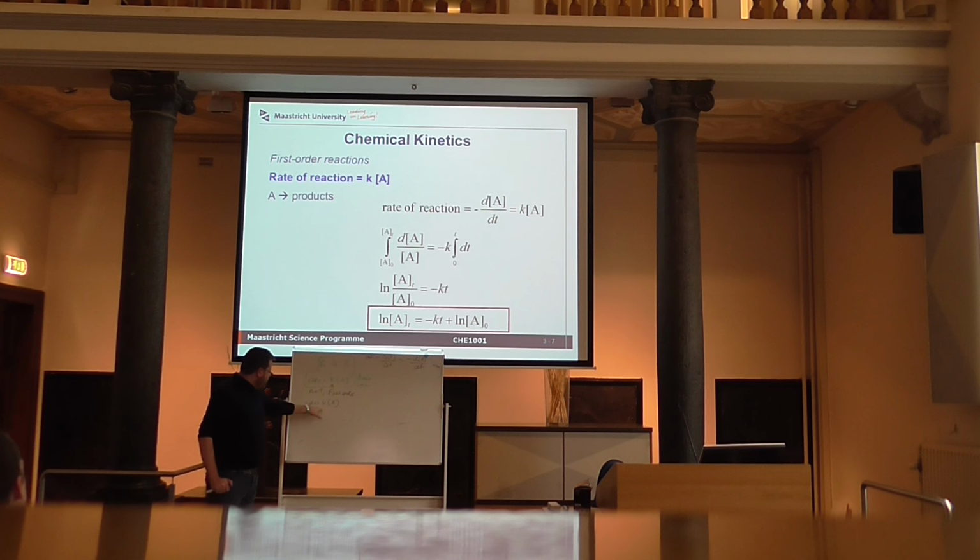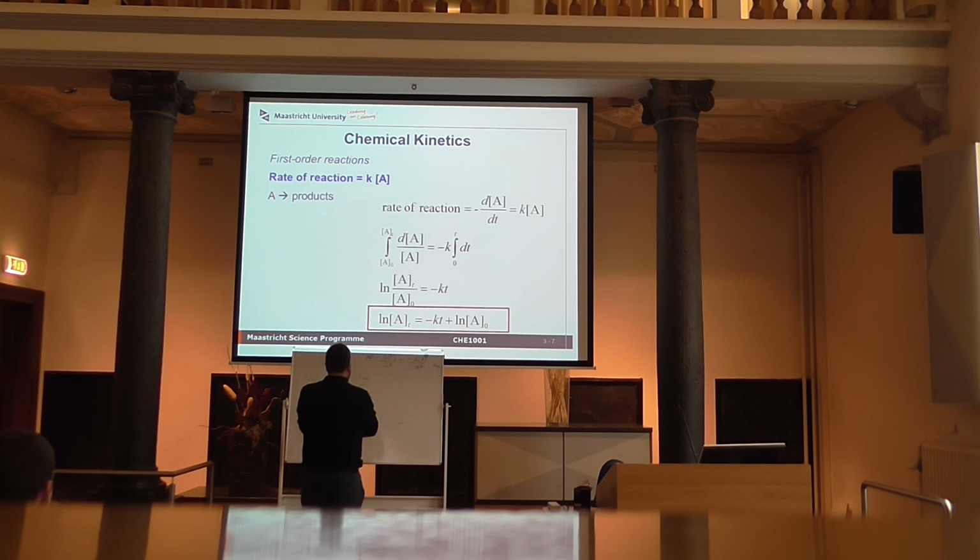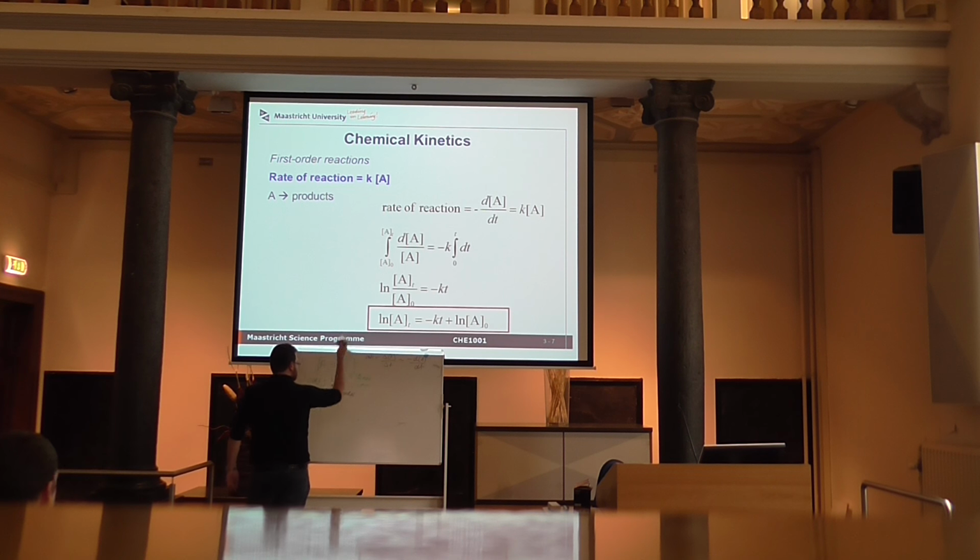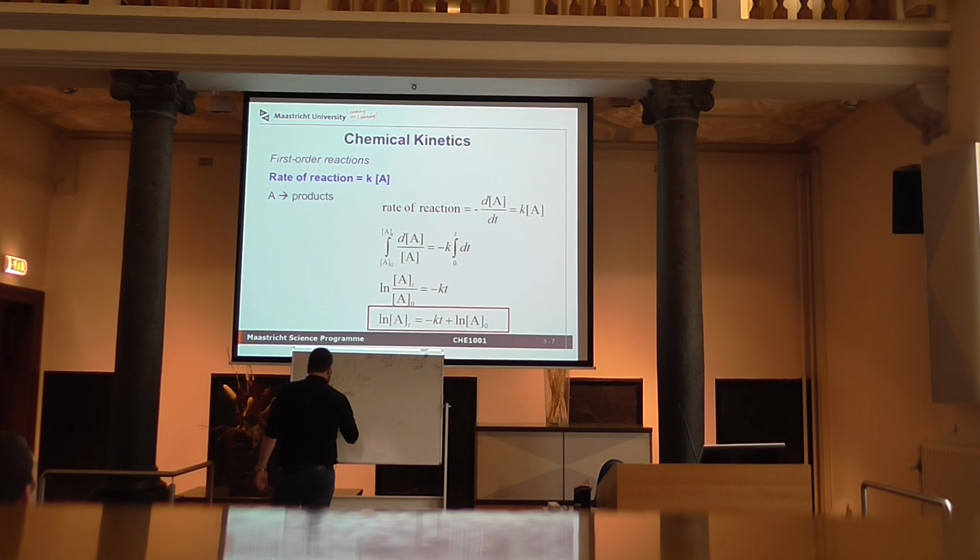We know from the rate law that the rate equals k[A], so I can substitute, put these two equations together, like I just did for the zero order reaction, and I get, as you see there, minus d[A]/dt equals k[A].